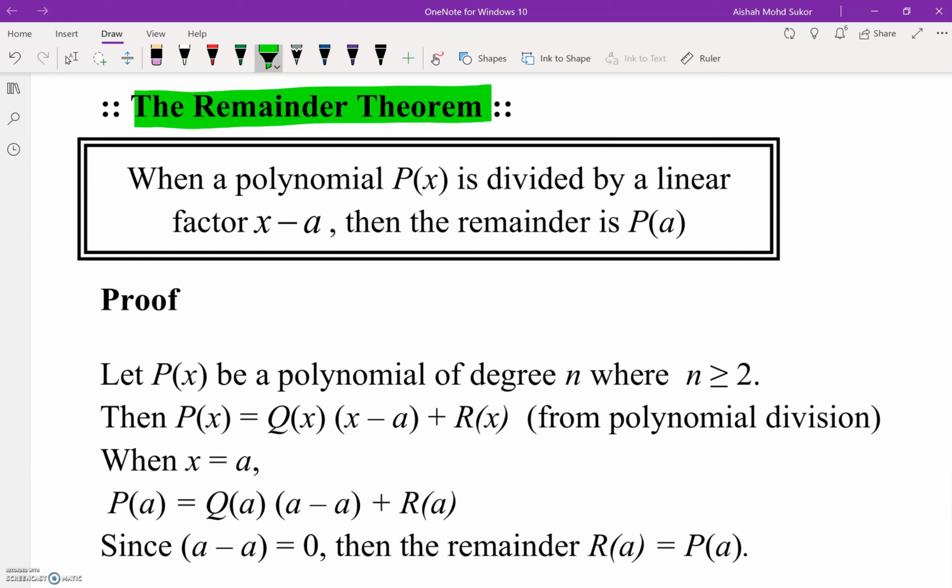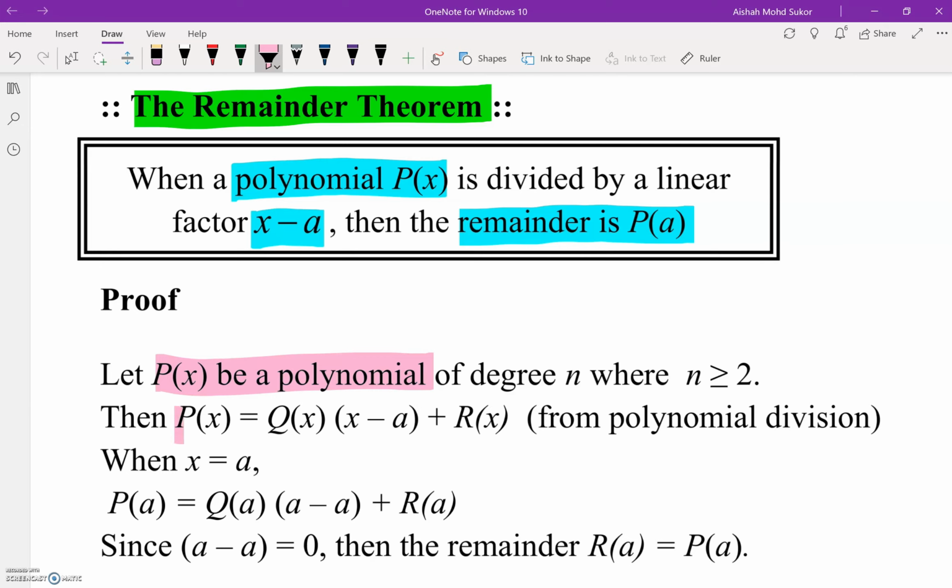The remainder theorem: when a polynomial p(x) is divided by a linear factor x minus a, then the remainder is p(a). Let p(x) be a polynomial of degree n greater than or equal to 2, such as quadratic, cubic.